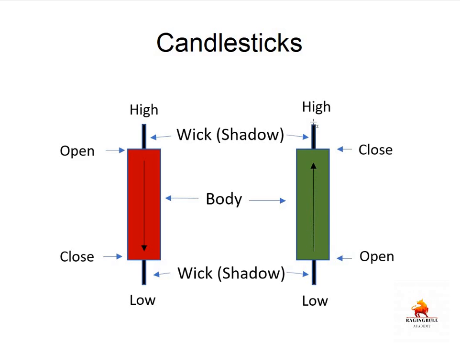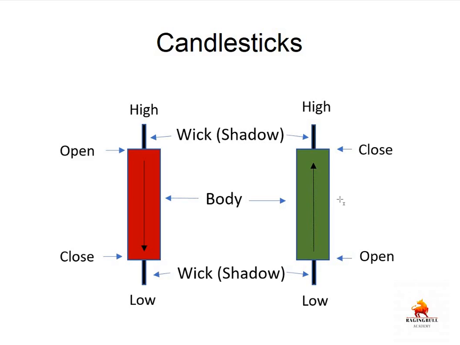Then the sellers came back in and closed it at this point. These are your bodies, open and close, and your wicks. With every candle, it tells you a story based on what type of candle it is. If it's a bear candle or a bull candle, it tells you who's pushing and who's doing what.